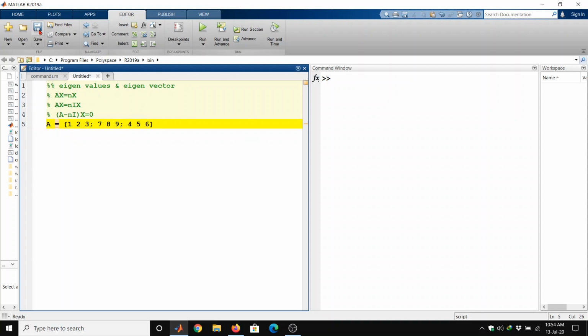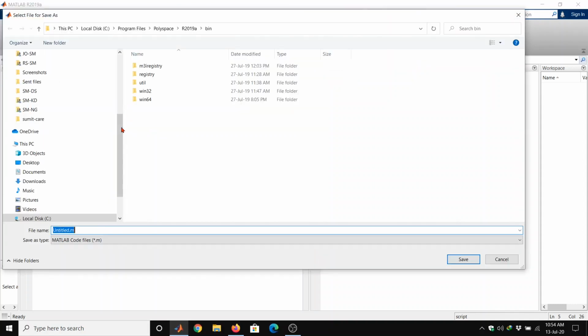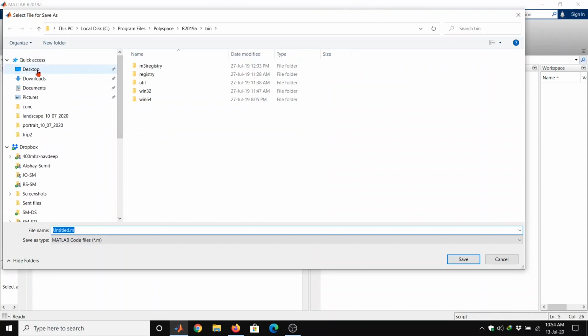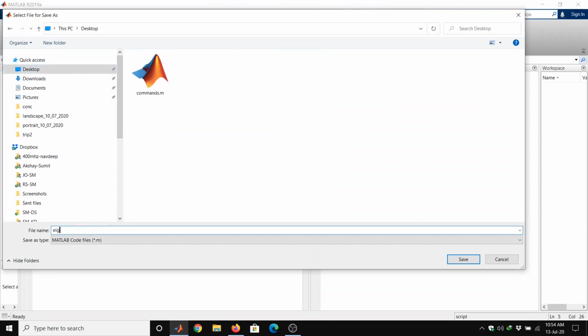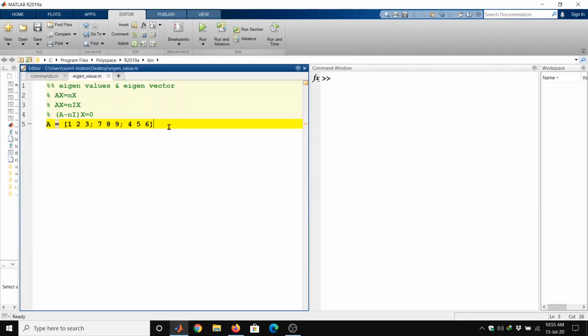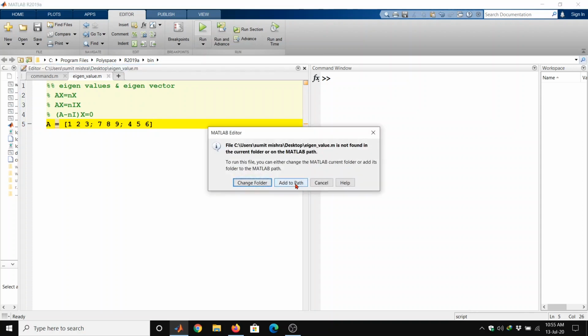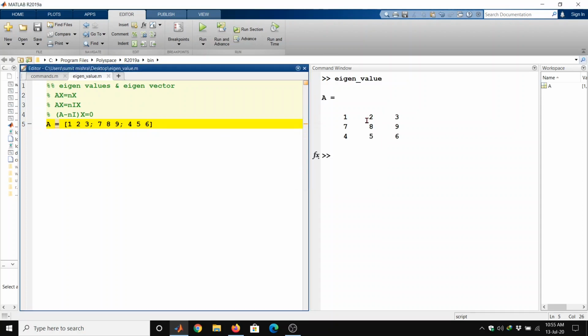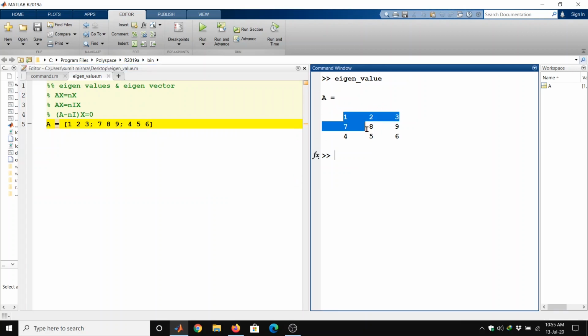Now first we will save this script as Eigenvalue. So now we will run it, add to the path. We can see here our matrix is a 3 by 3 matrix, that means 3 rows and 3 columns.